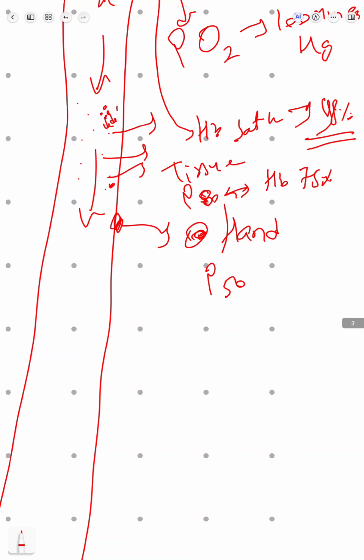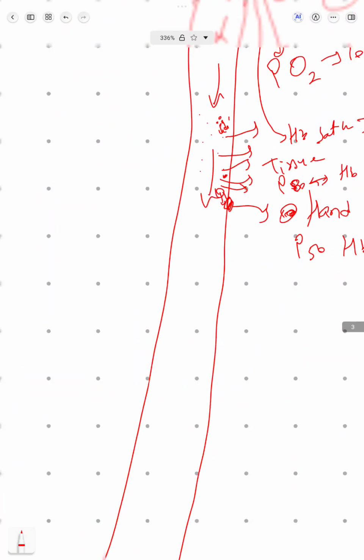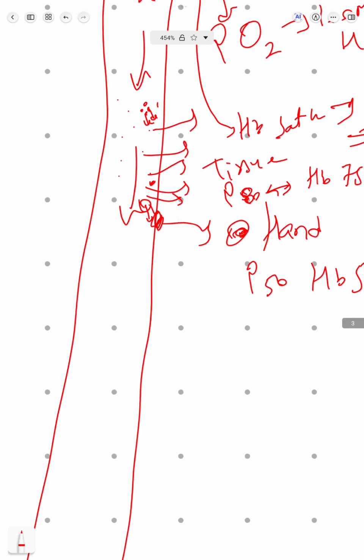Now coming right here, the same cycle continues as tissues consume free oxygen. The hemoglobin also keeps on providing its oxygen. So now the saturation becomes 50%. This is the basic thing which is happening.